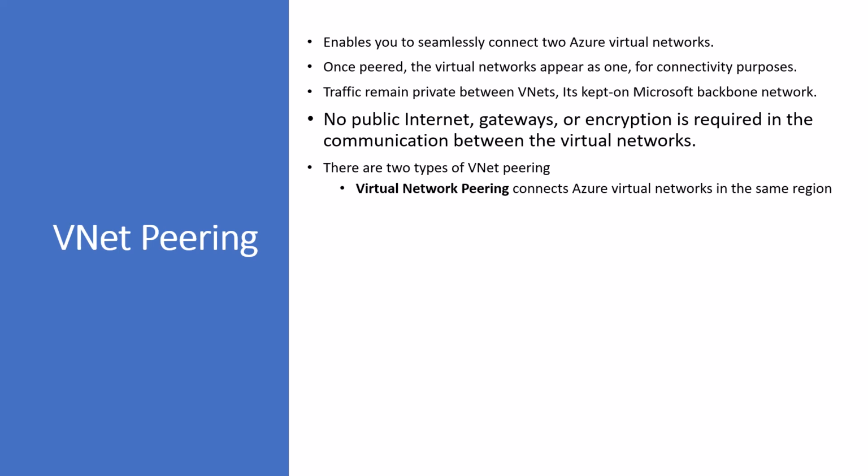What if you have virtual networks in two different regions? Azure also has a solution for that called global VNet peering, which allows you to connect your Azure virtual networks in different regions. Global VNet peering gives you a very good platform to provide global availability of your application or your infrastructure.